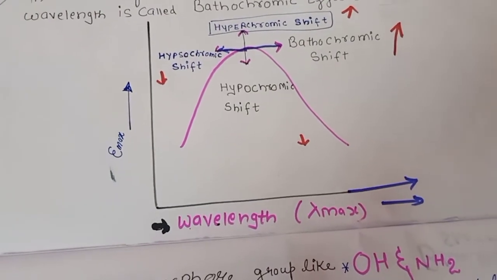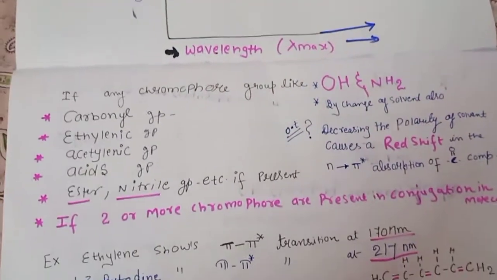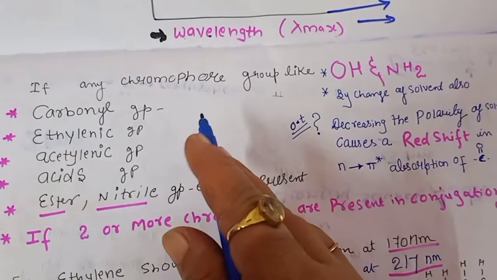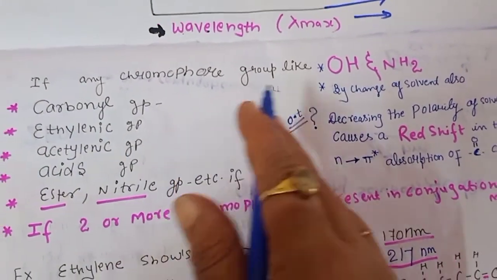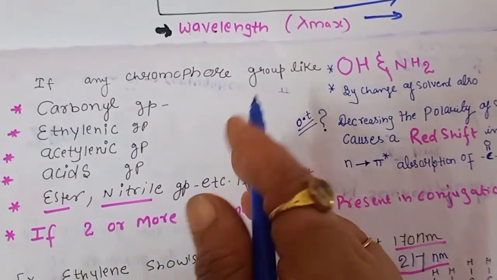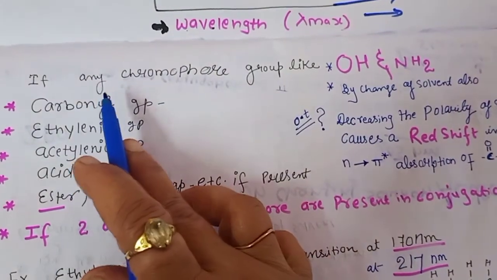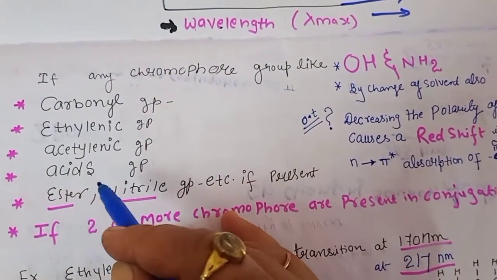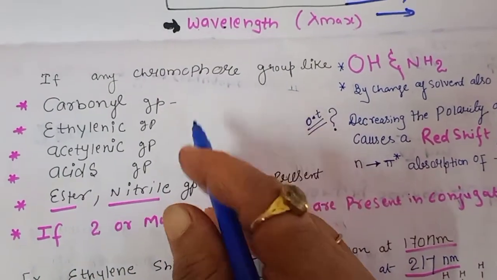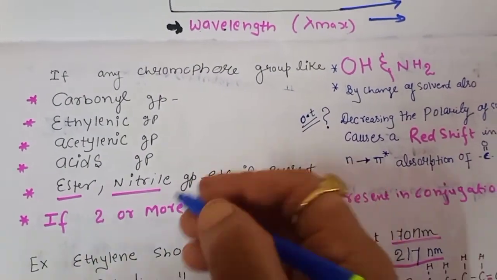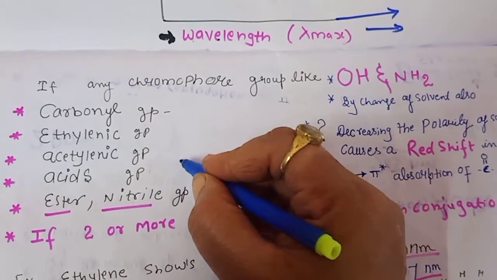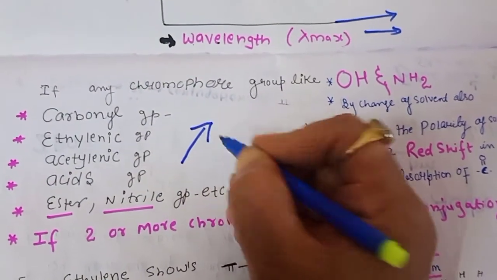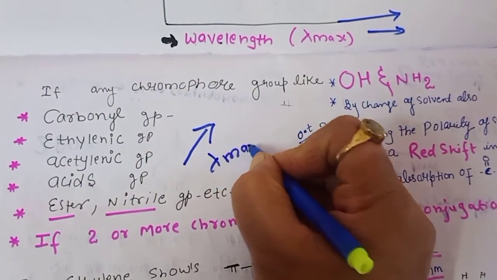Okay, then some groups, as we already talked about the chromophore and the auxochrome. Now I hope you know what chromophores are. If any chromophore group like carbonyl group, ethylene group, acetylene group, acid groups, ester, nitrile, etc. are present, then definitely there will be the bathochromic shift, meaning the absorption wavelength will increase, lambda max value will definitely increase.